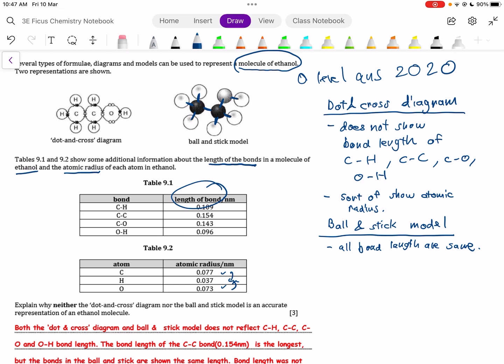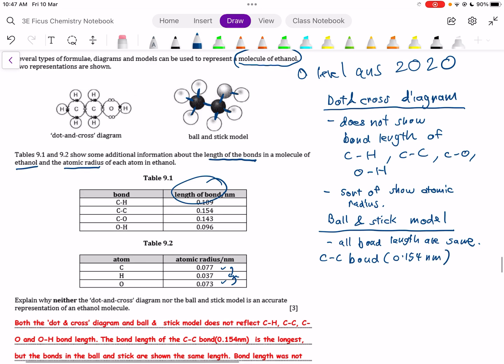So you've got to quote data that your CC bond is actually the longest, 0.154 nanometer. This one shows you the bond, but they're actually all the same, so not very accurate. The CC bond is the longest, but it shows them all as the same length.